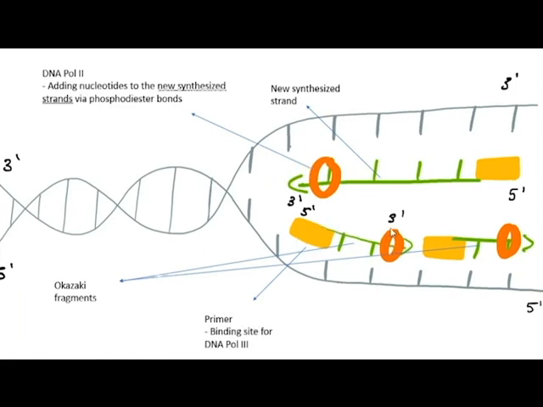Once the DNA polymerase 3 binds to these primers, it will start to synthesize the new strands by adding nucleotides covalently to the newly synthesized strands via phosphodiester bonds, using the old DNA strands as the template, which means the nucleotides from the new strands will be complementary to the nucleotides from the template strands.